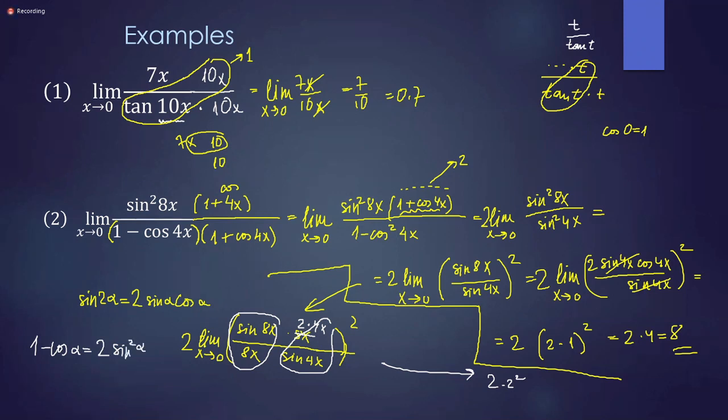So if I have 1 minus cosine something, I could simply change this directly into 2 sine square of half alpha is 2x. And then I would be able to deal with the situation, let's say, in a slightly different manner.